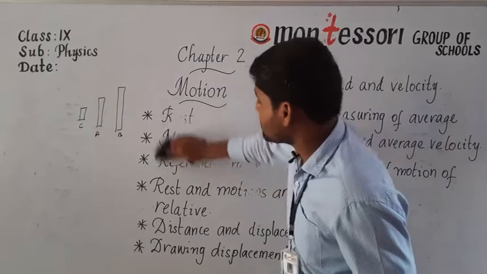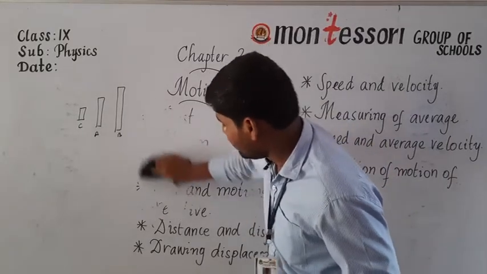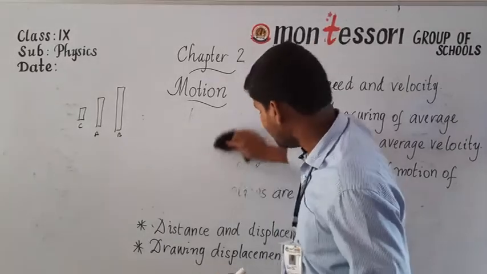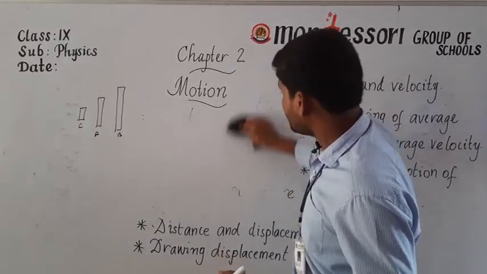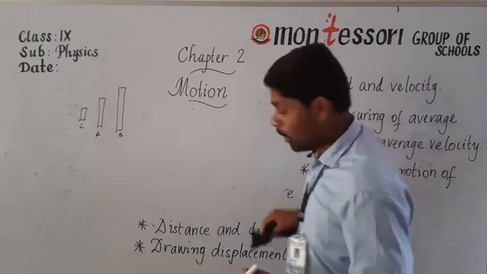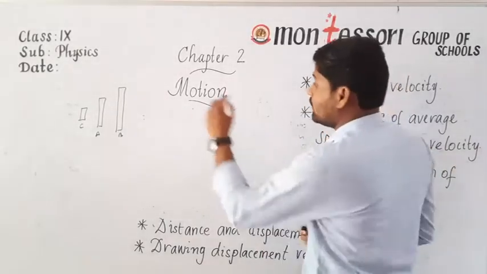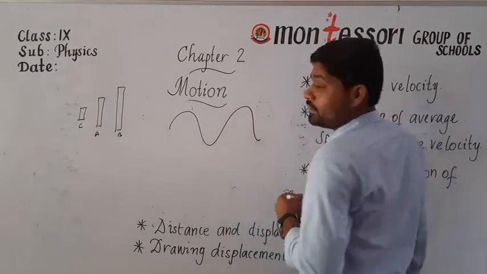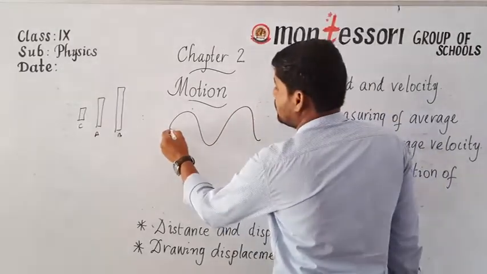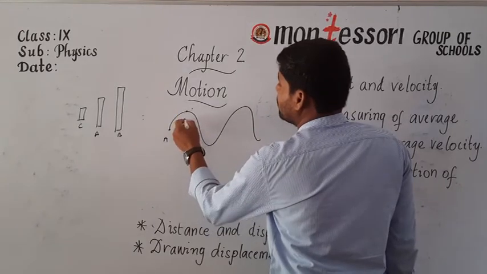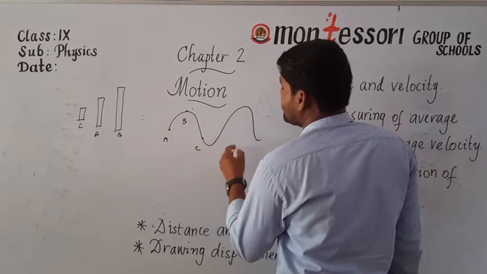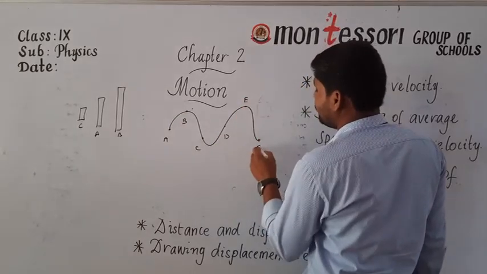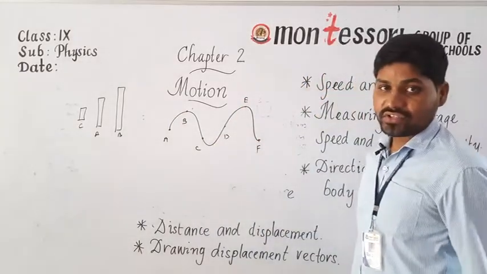Now we are going to discuss in brief distance and displacement. First of all, we will see distance. What is meant by distance here? The total length of the path. This is a path. Let the points be A, B, C, D, E and F. What is distance here?